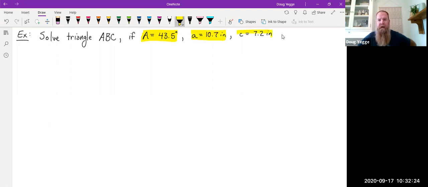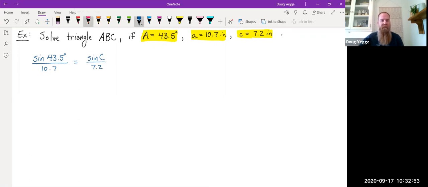I'm given angle A and its opposite side, and then some other side C. So let's start by filling in the law of sines here, which is sine of 43.5 degrees over its opposite side, which is 10.7. That's equal to sine of angle C over its opposite side of 7.2.